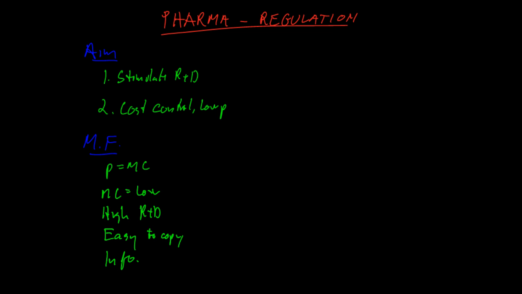Well, essentially there are two kinds of regulation here. First, we regulate access to the market. So you can't just produce something and sell it.